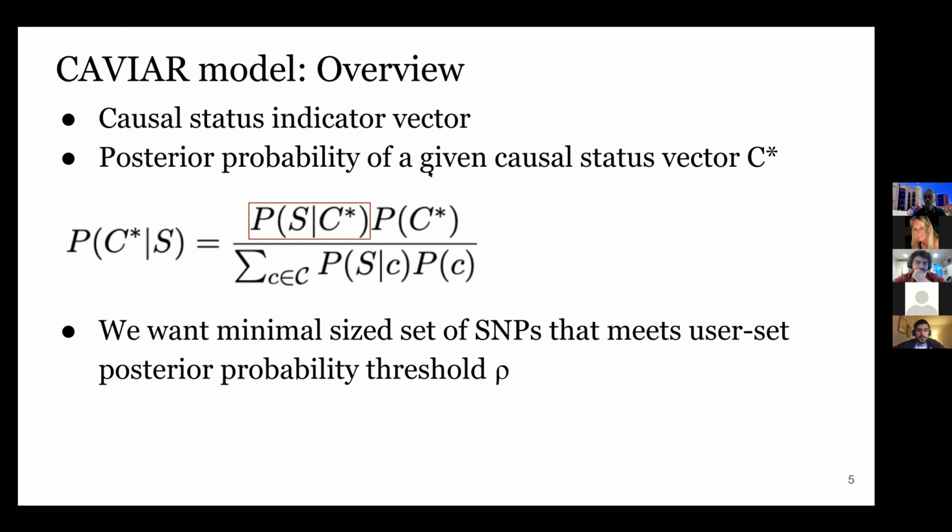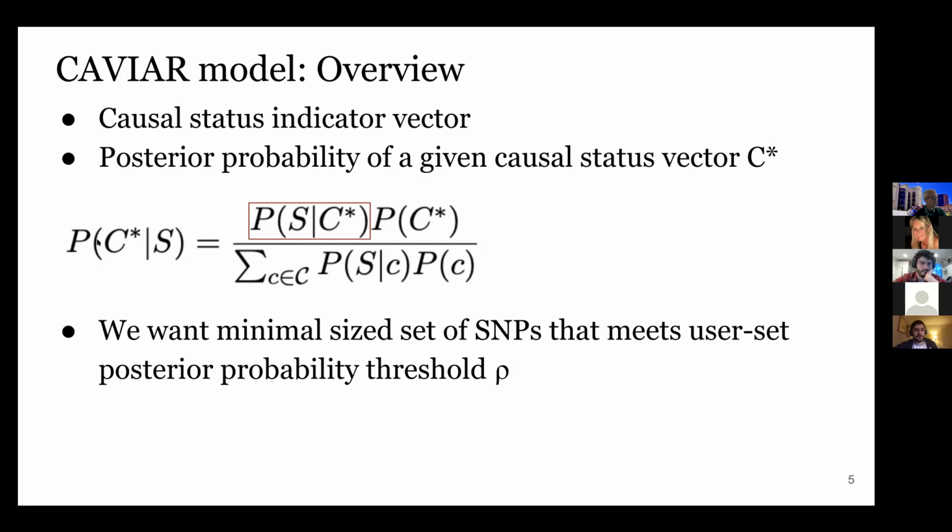So for a particular causal status vector C star, we want to determine the likelihood that the set of SNPs that are causal based on this vector, based on the association statistics we observe. And we can do this through Bayes' formula.